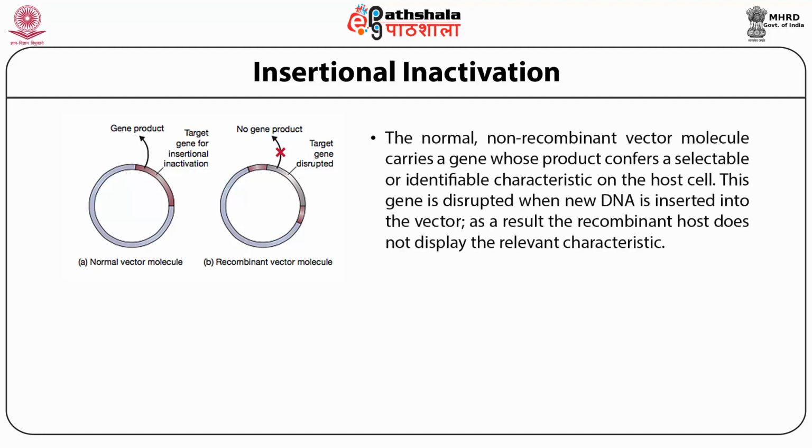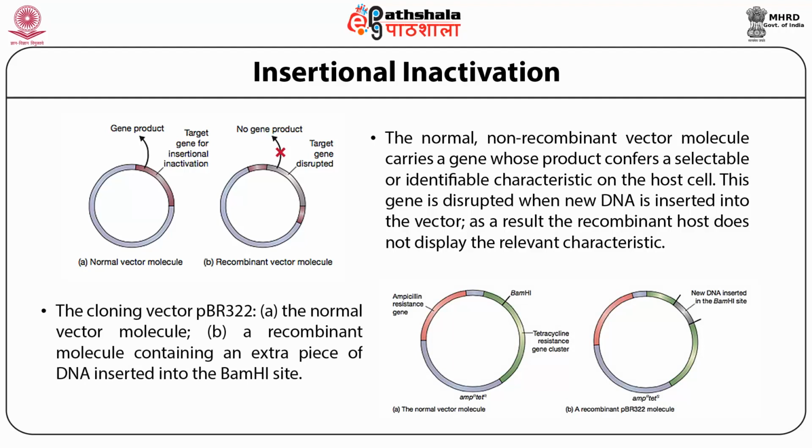The normal non-recombinant vector molecule carries a gene whose product confers a selectable or identifiable characteristic on the host cell. This gene is disrupted when new DNA is inserted into the vector. As a result, the recombinant host does not display the relevant characteristic, as we have already discussed. The pBR322 example is pictorially represented at the bottom right of the slide.